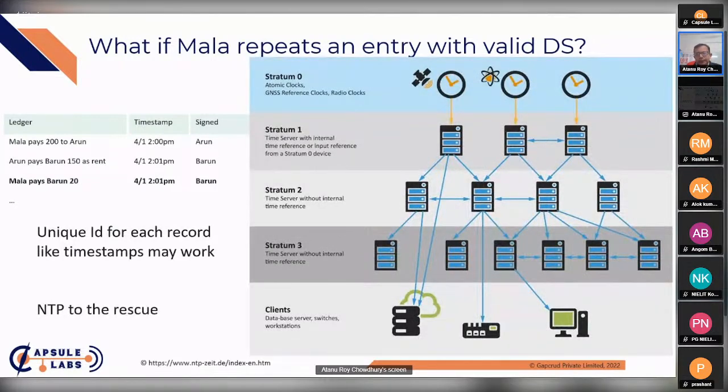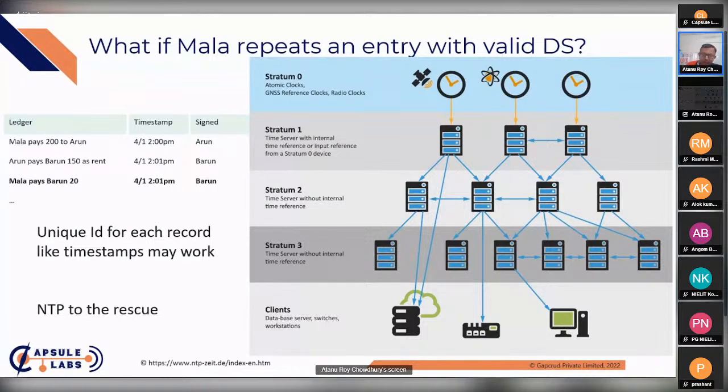It's the same mechanism that is used to synchronize various computing devices, whether it is your laptops or your mobile phones, with a global time, and there is a network of servers responsible for propagating proper time across the globe.